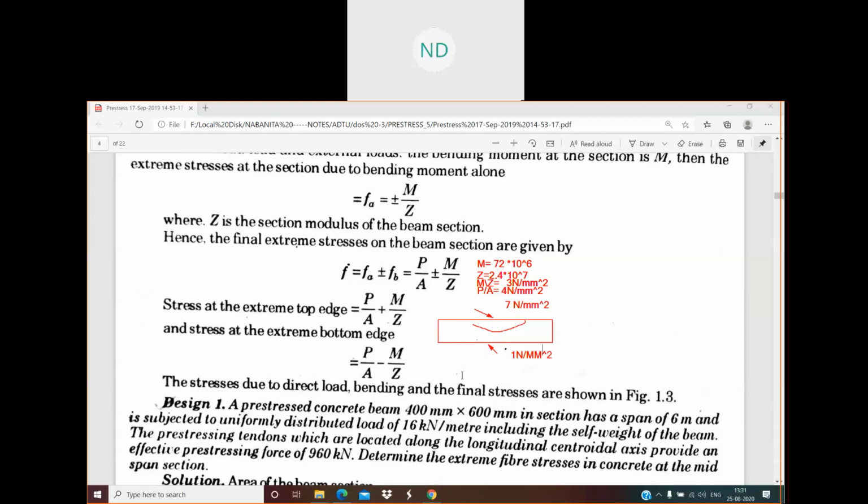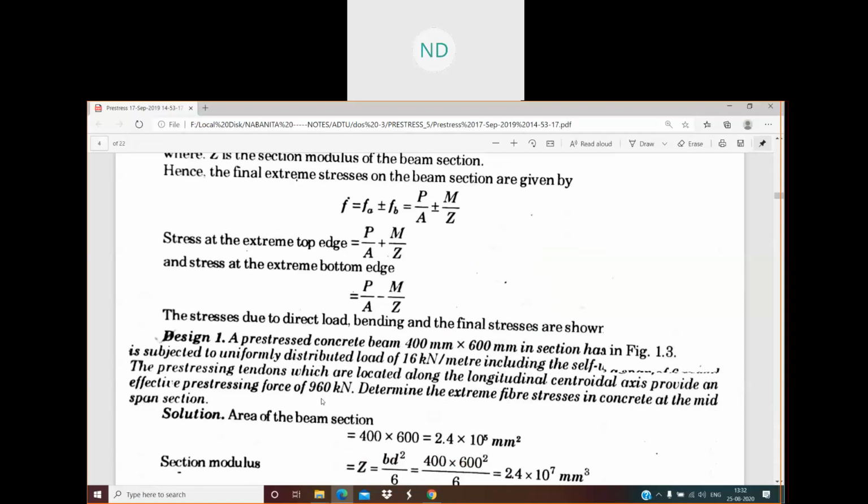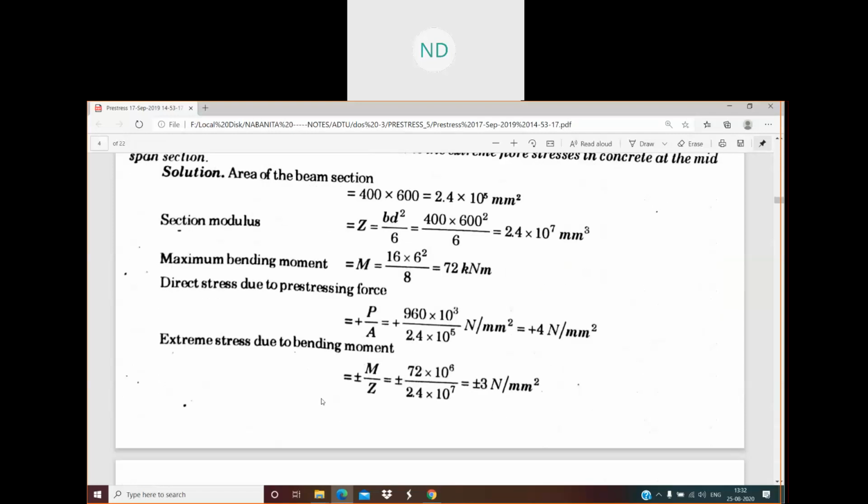Okay, so now once you have calculated and practiced, I'll show you the solution, which was this one. See here, area 400 directly calculated, section modulus BD square by 6, we got to be 2.4 into 10 to the power 7 mm cube.